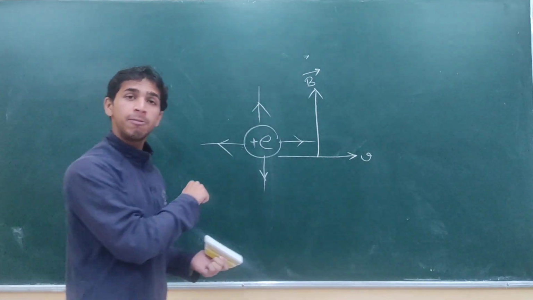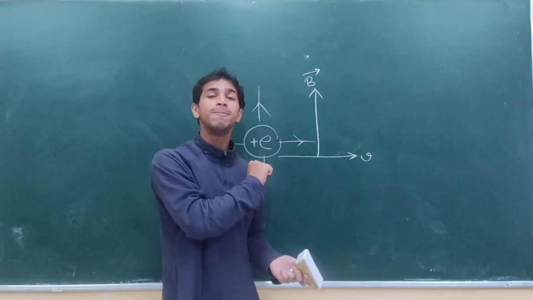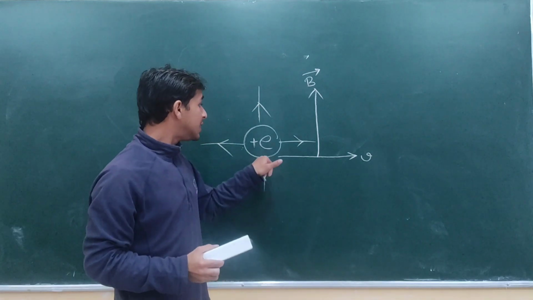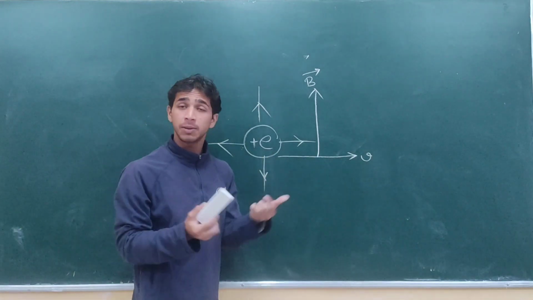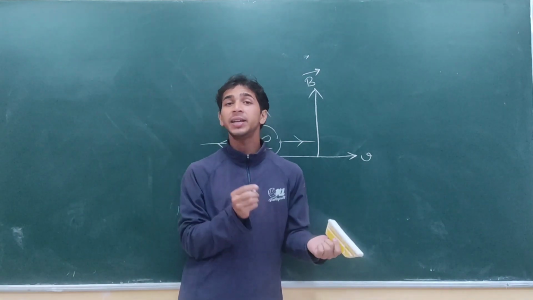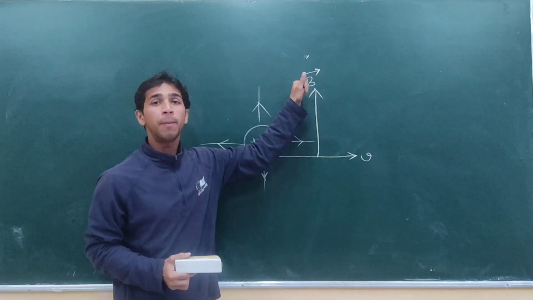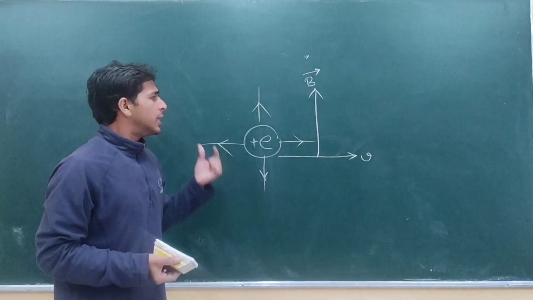Charge creates electric field lines and magnetic dipoles create magnetic field lines. So when a charge is in some kind of motion, the charge becomes a magnetic dipole. That's why it's creating this kind of magnetic field lines.